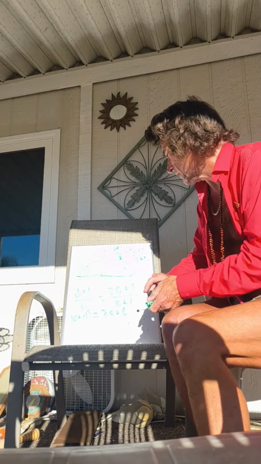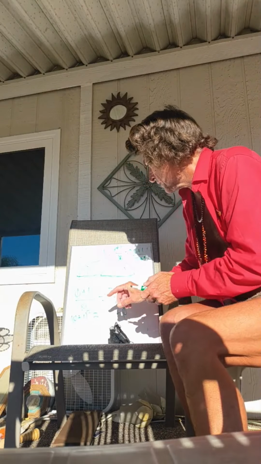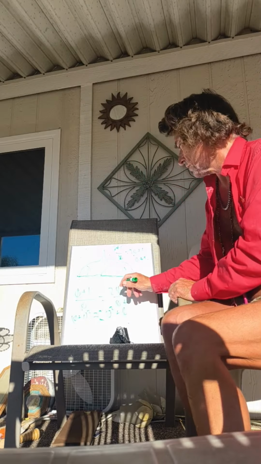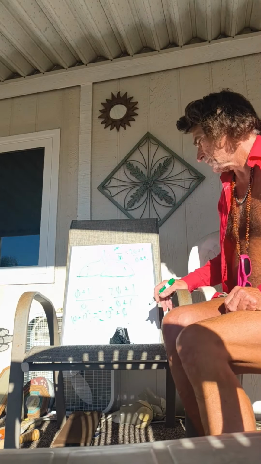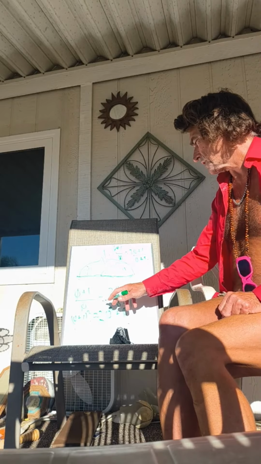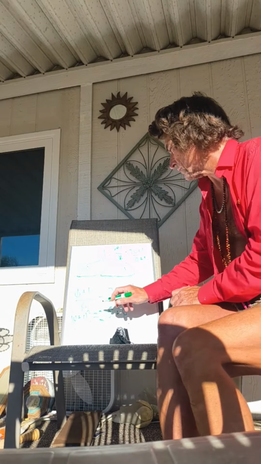No, not 3 phi. Sorry about that, guys. I messed that up. 2 phi squared plus phi. Let's check it again. Phi plus 1 squared should equal 2 phi squared plus phi. Let's see if that's true.